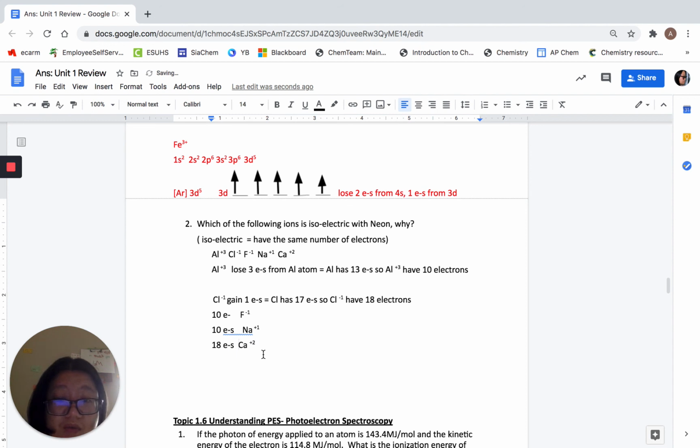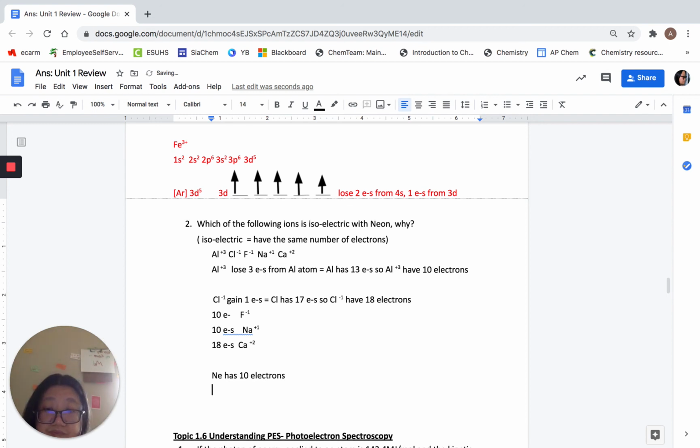Okay, now we know neon. Neon has 10 electrons. So therefore, who's isoelectronic with it? F minus 1 and Na plus 1 are isoelectronic with neon.